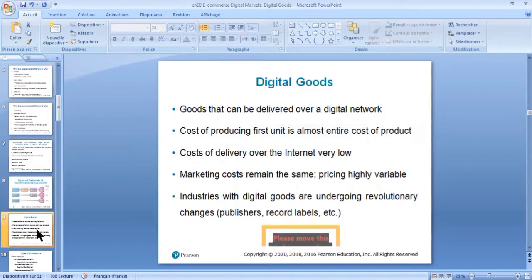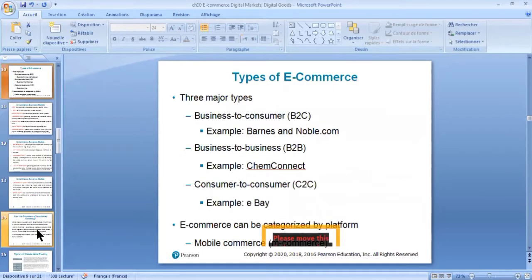Types of commerce, types of e-commerce. There are many ways to classify electronic commerce transactions. One way is by looking at the nature of the participants in e-commerce.